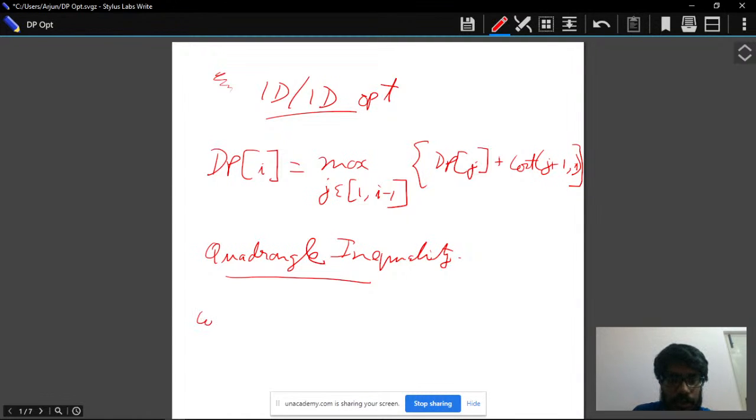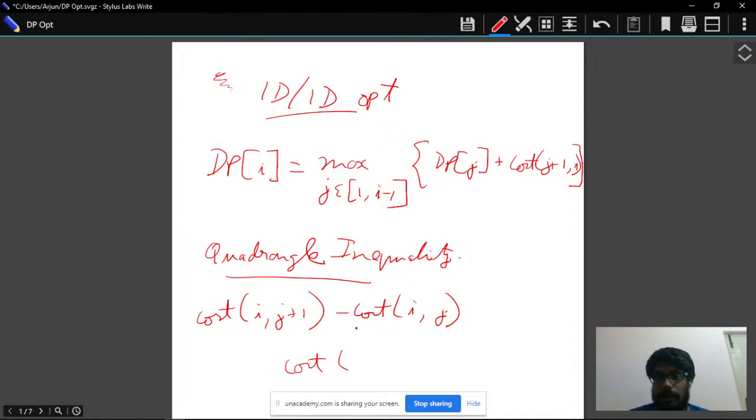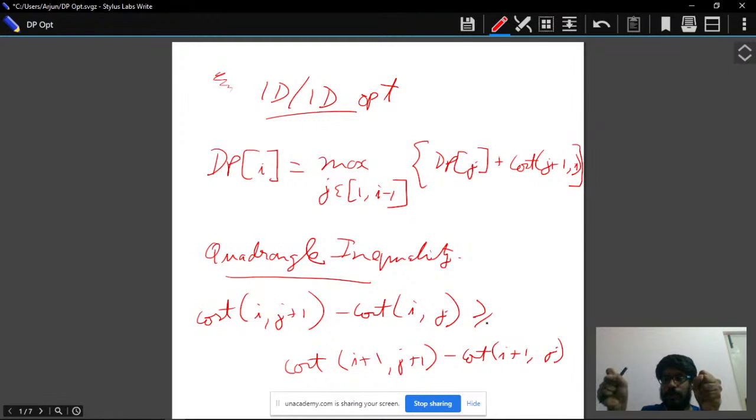That is, cost of i, j plus 1 minus cost of i, j, compared with cost of starting from one element later, which is cost of i plus 1, j plus 1 minus cost of i plus 1, j, and we want this to be greater than or equal to. So what does this mean? This is basically, I have i, j plus 1 and i, j, right?